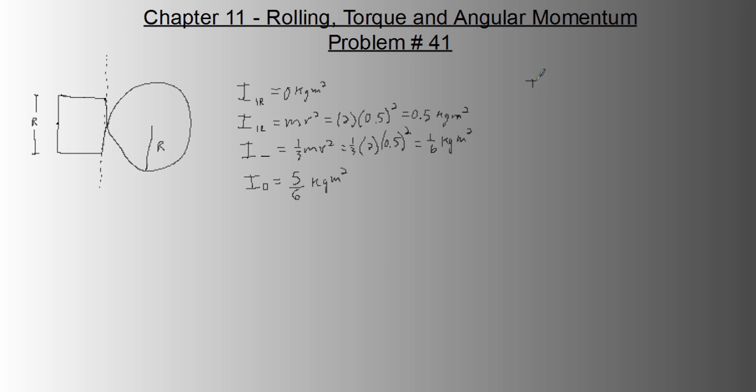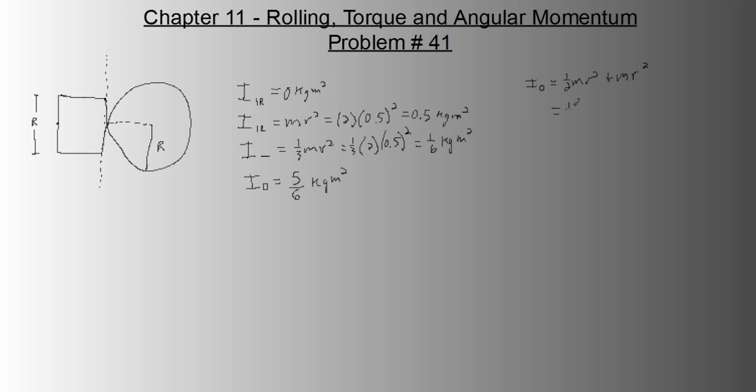Now the I of the circle, you can look up on the table, that is 1/2 mr squared. And then the parallel axis theorem, since it doesn't pivot here, it pivots over here, you have to do plus m, and then it's r again. It's r away. Right? That's r.